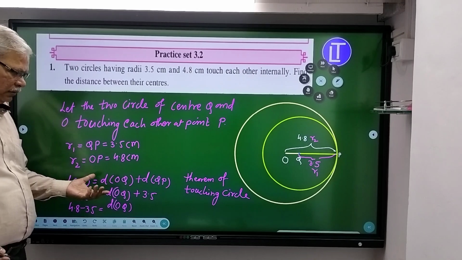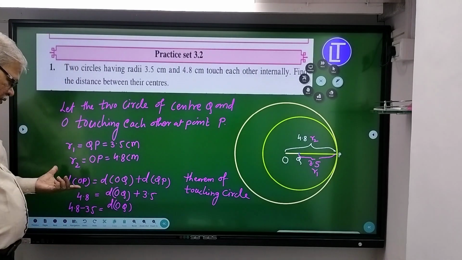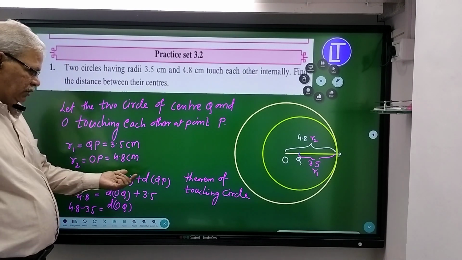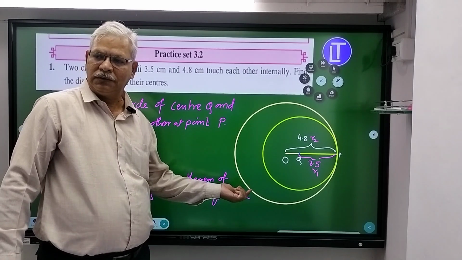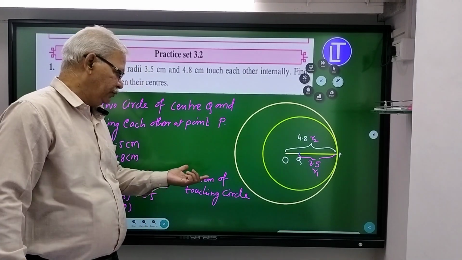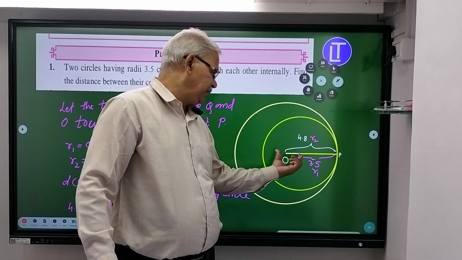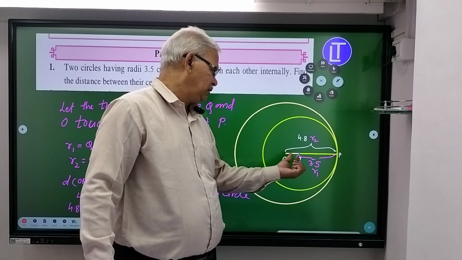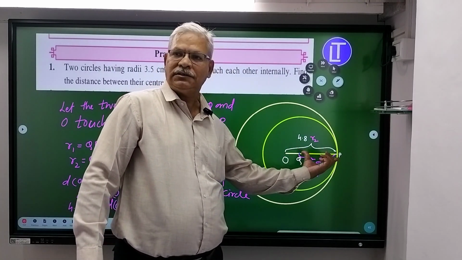While writing this, you have to use the theorem of touching circles. You don't subtract initially as OQ equals OP minus QP.